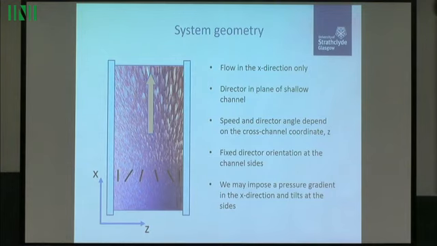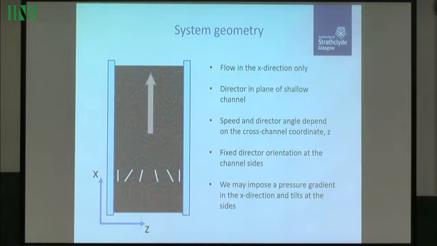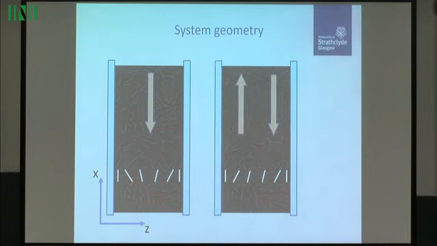And we might impose a pressure gradient in the x direction as well. Okay, so I'm imagining my fish swimming in my shallow channel, or alternatively my little bacteria, probably more realistically my bacteria. So the flow could be like this, could be in this direction, it could be pointing downwards, in which case we'll see the director structure react to that, and effectively just as a mirror image. It could also be two-way. So I am going to be able to design my system so that I get two-way flow of my bacteria.